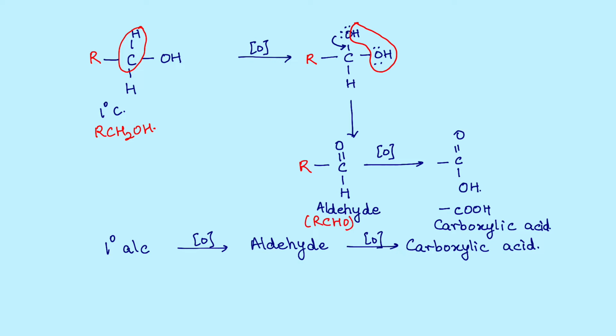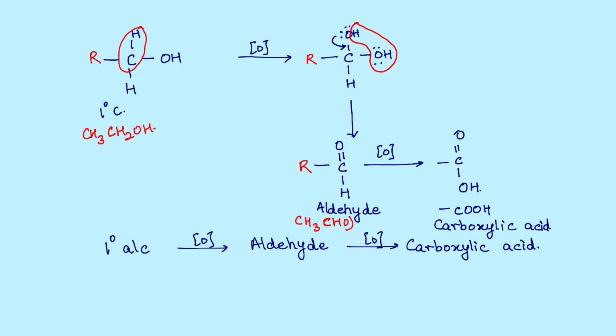Now RCHO means the number of carbon atoms, so here there were n carbon atoms, some number of carbon atoms. So for example, this R could also be CH3. So CH3CH2OH is getting converted into CH3CHO. The number of carbon atoms is remaining the same.